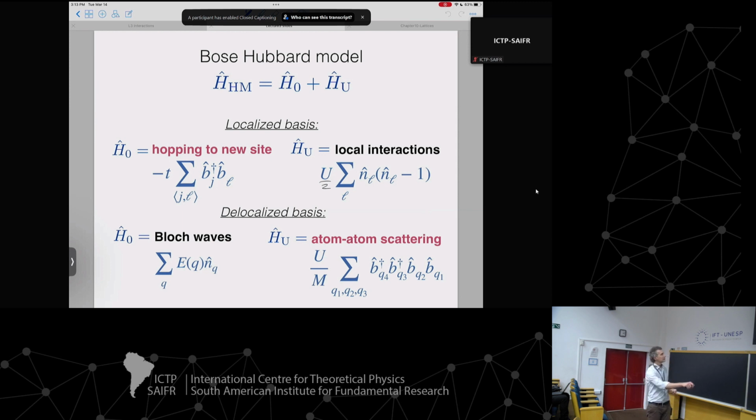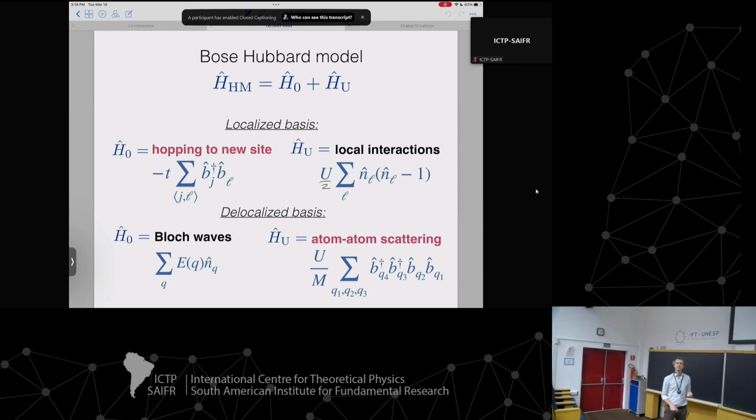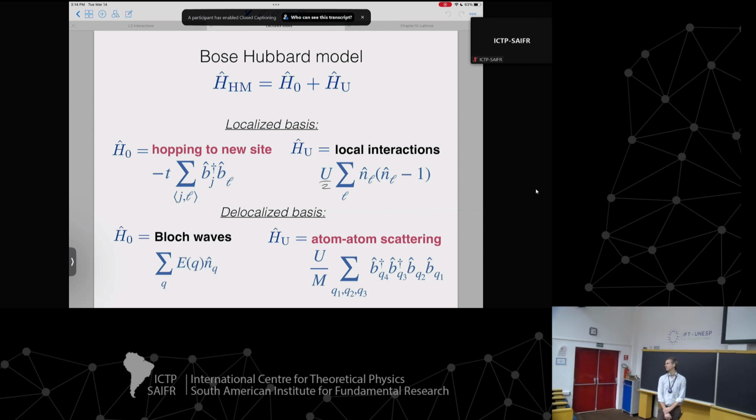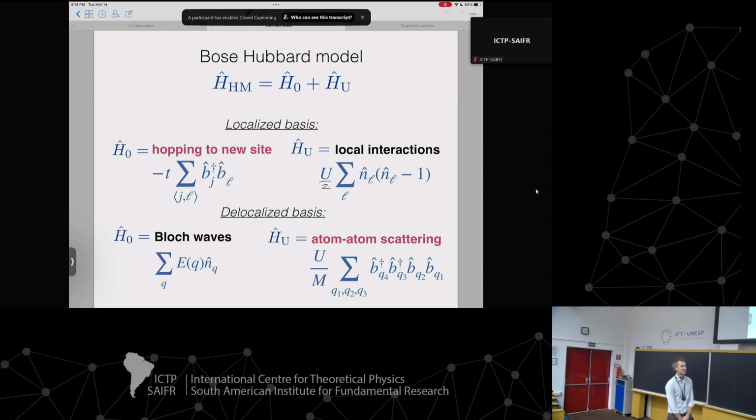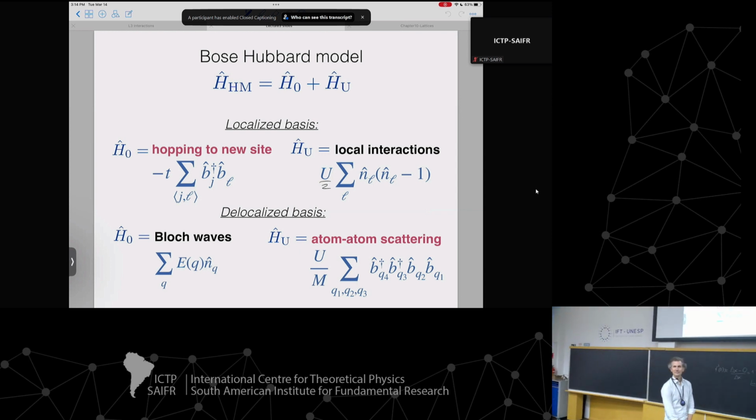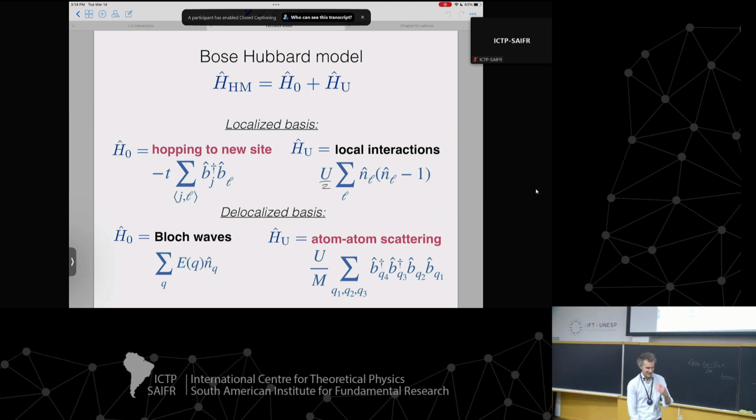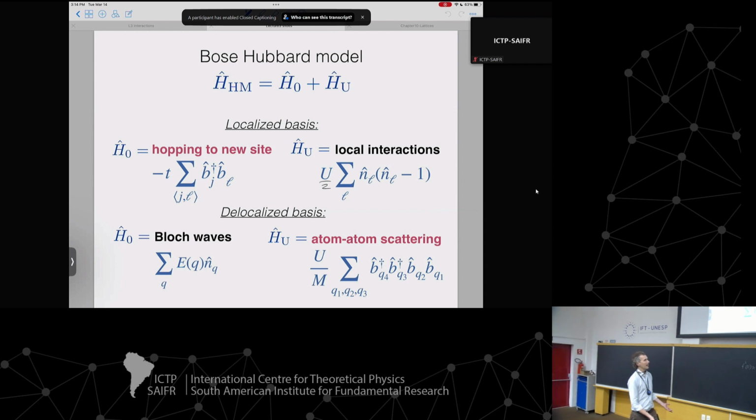The problem is that all these Q states that we're talking about are not eigenstates of momentum. They're eigenstates of quasi-momentum. Okay, is quasi-momentum a conserved thing? What do you think? Yes, the answer is it's conserved up to modulo 2 pi.